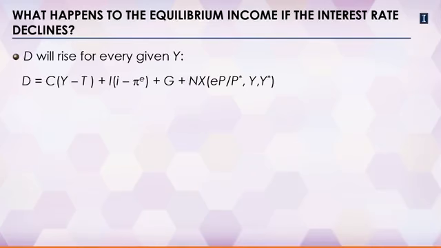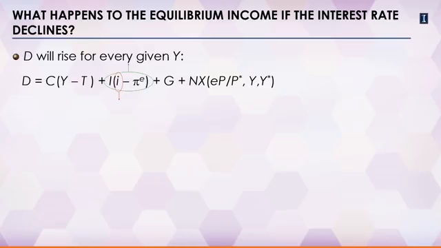If the interest rate goes up, we've seen in the previous video that it leads to an increase in aggregate preferred expenditure for every level of income, and therefore an upward shift in the D curve. As the interest rate goes down, real investment goes up, and that increases aggregate preferred expenditure.